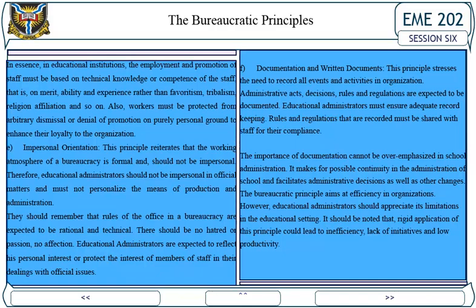It means that these tasks have to be shared out to workers based on their skills, competence, specialization, and qualifications. The work of the organization has to be divided into components and allocated to workers in such a way that each worker is responsible for a limited set of activities.